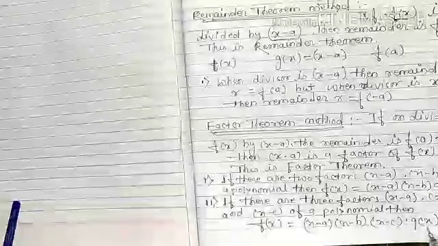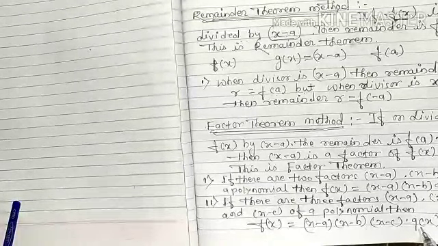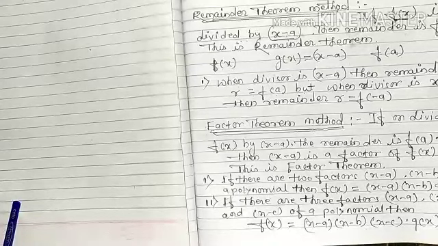Here q(x) is the quotient, and we could also write plus 0, where 0 is the remainder. So f(x) equals x minus a into x minus b into x minus c into q(x).